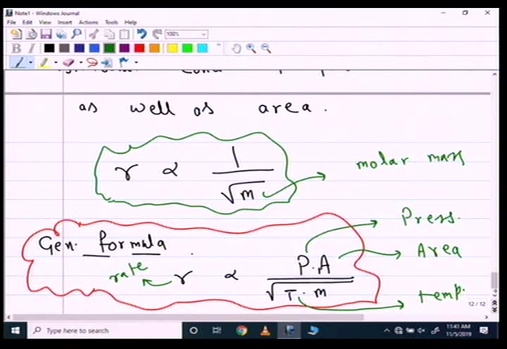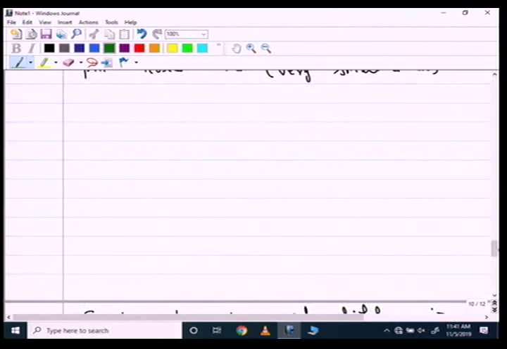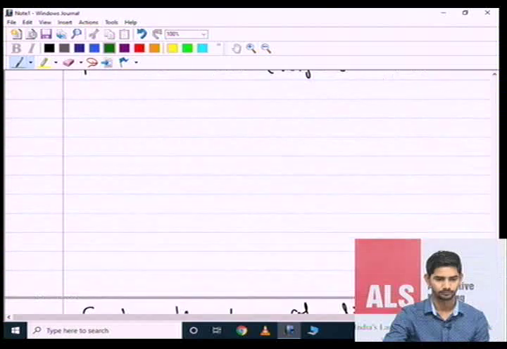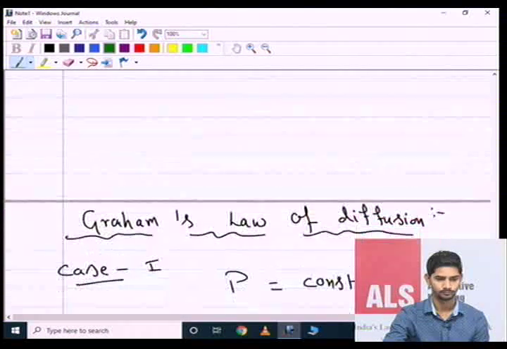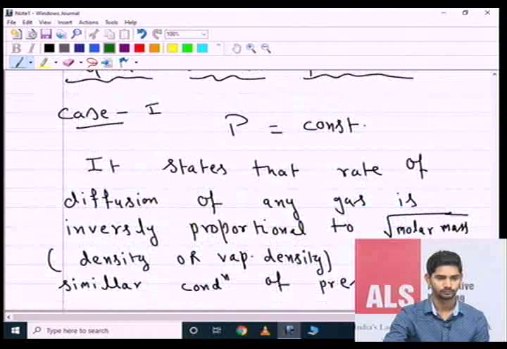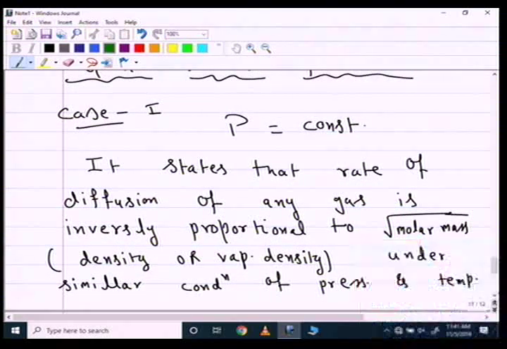Guys, mark your attendance, please. Shillong, Itanagar. Copy. Okay.